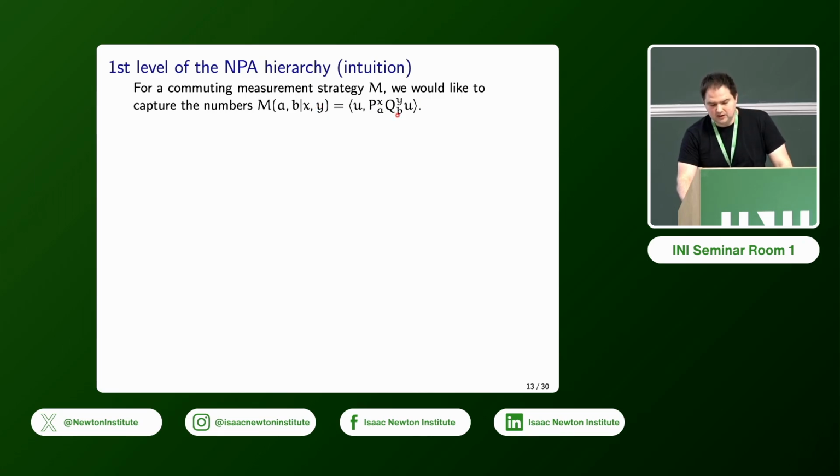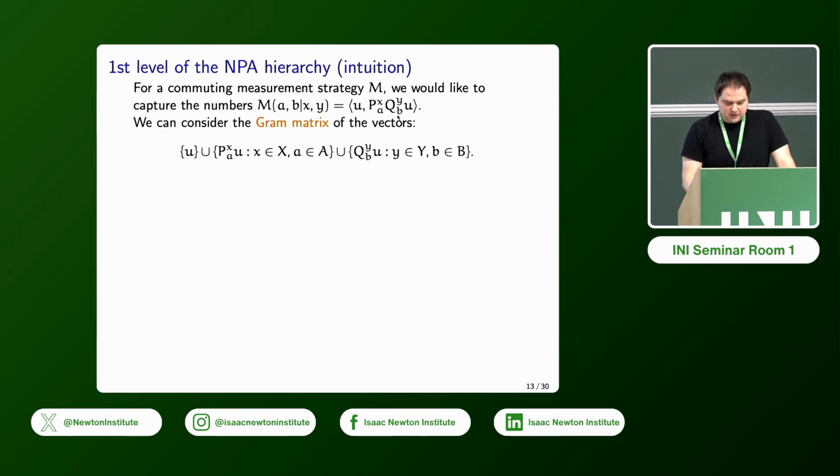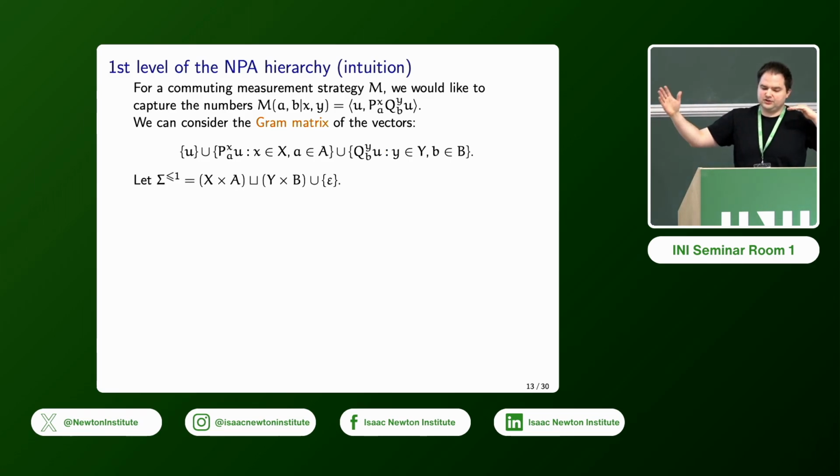We would like to somehow capture them. So to that end, we consider all possible vectors of this form. We take the unit vector, which comes from the strategy, and we take the measurement operators, and we consider all possible vectors like this. And we take the Gram matrix of that.